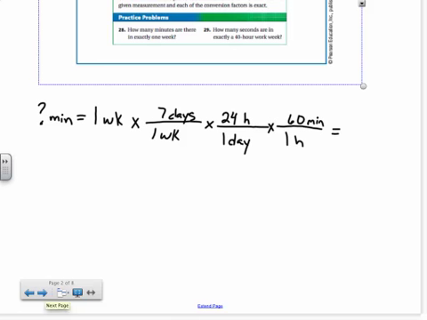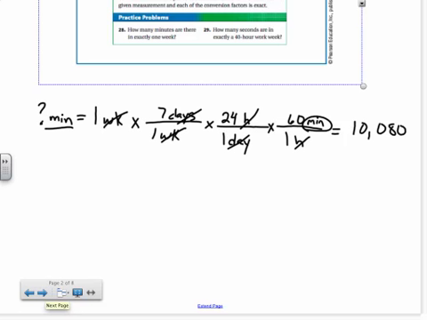And we want to set up a problem so it's like that. And at this point now we want to make sure we can cancel everything out. So weeks cancel, days cancel, hours cancel. I'm left with minutes. That's what I'm trying to find. So I'm now going to take 7 times 24 times 60. And that's going to equal 10,080.